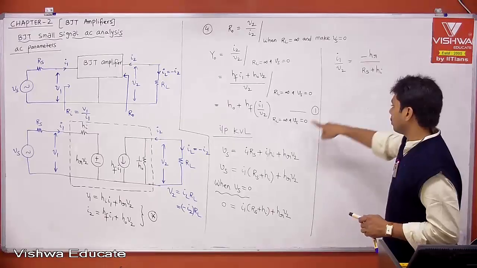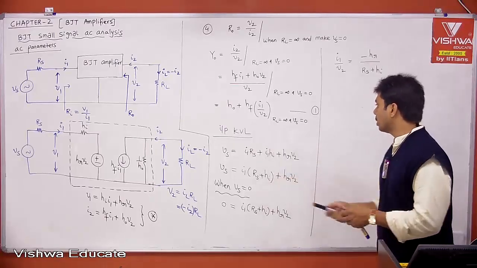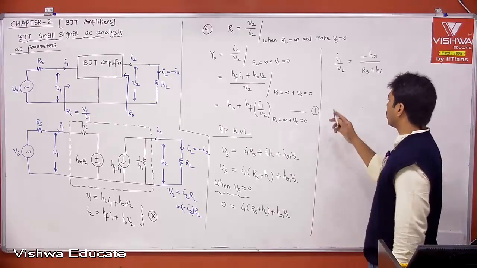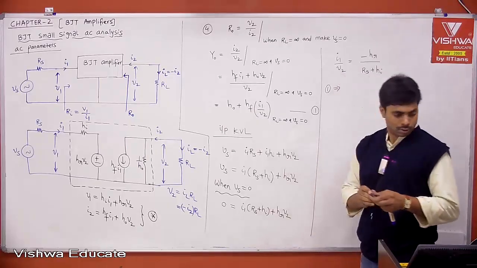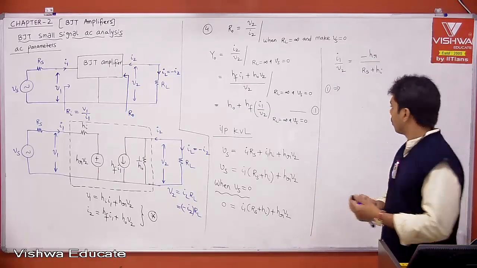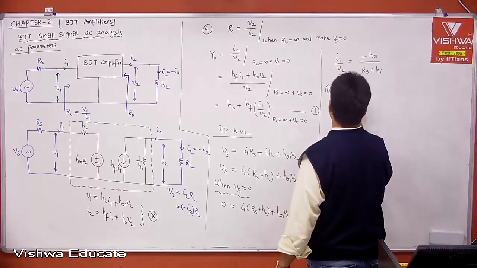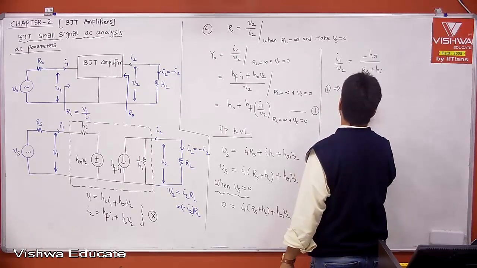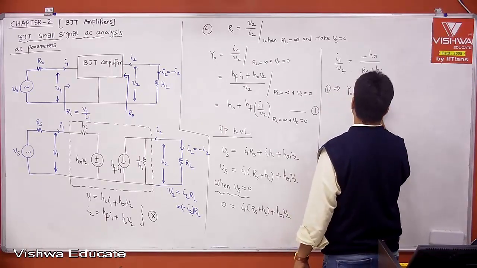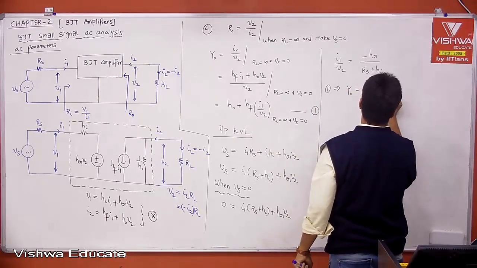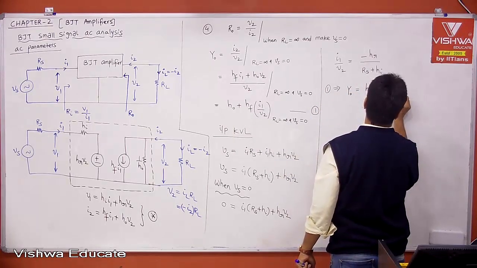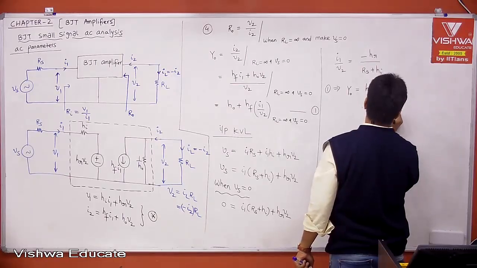Right? Now we got I1 by V2 when Vs is 0. Then substitute that in equation 1. What is Y0? Y0 is equal to minus HF into HR divided by Rs plus Hi.